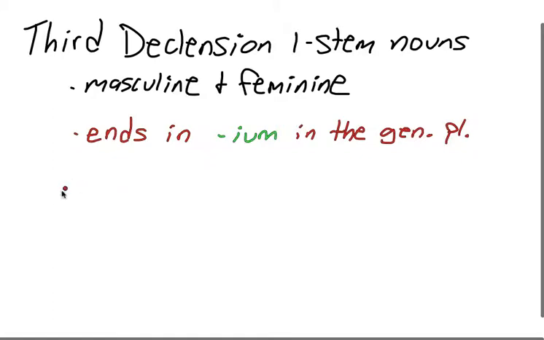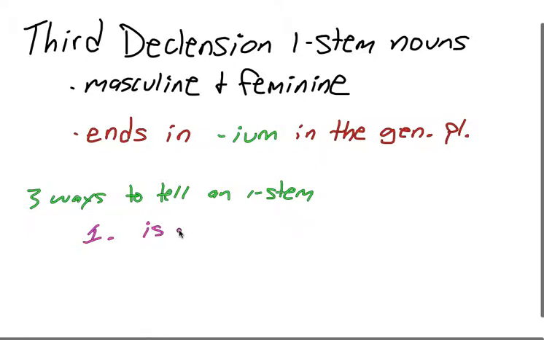Okay, so how can you tell if a noun is an I-stem? Well, there are three ways. The first way is if the noun ends in is or es in the nominative singular.